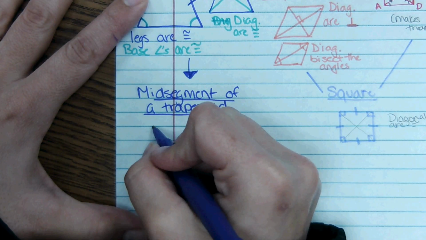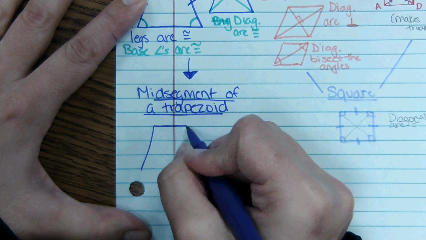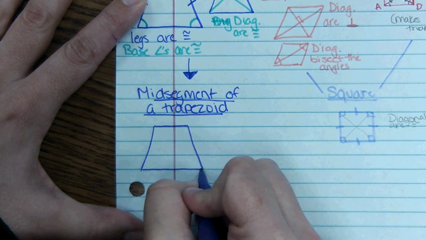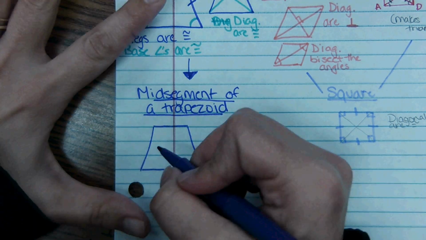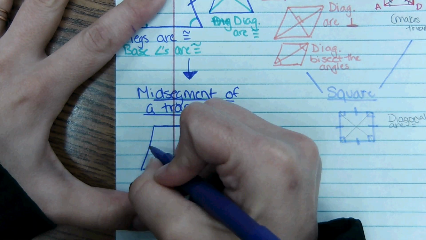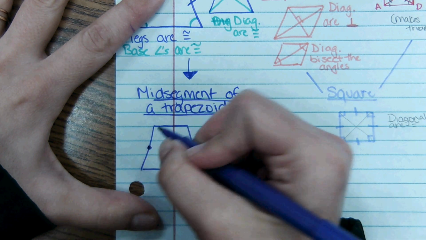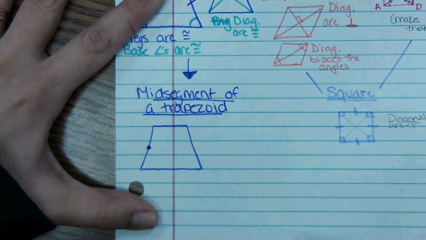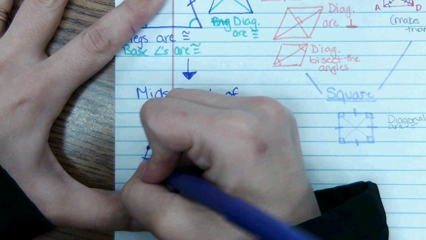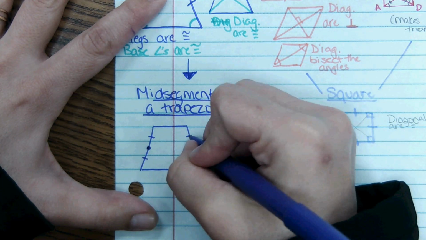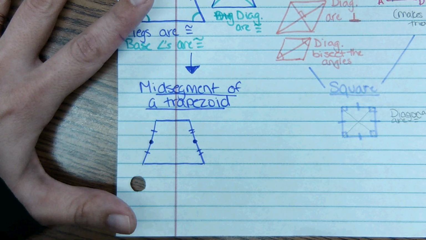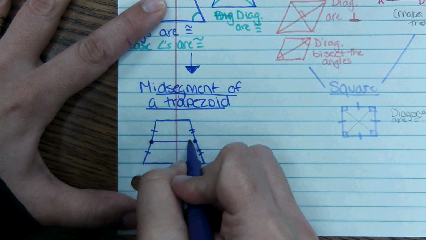I'm going to quickly draw a trapezoid. A mid-segment is when you have a midpoint over here. Midpoint here, same measure. And then a midpoint over here, the middle of this segment. So this is the same measure as this. Then connect those midpoints, and that's your mid-segment.